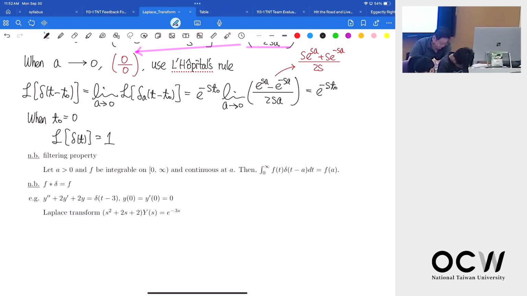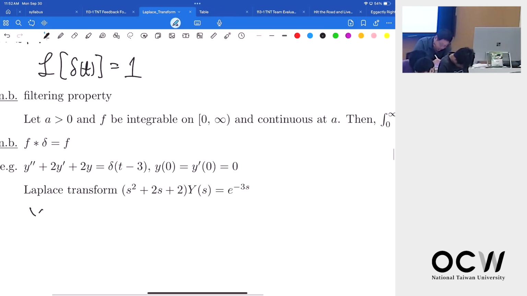Therefore we have Y of s equals 1 divided by s squared plus 2s plus 2, times e to the minus 3s.